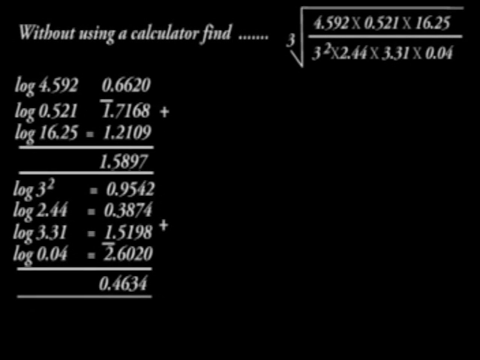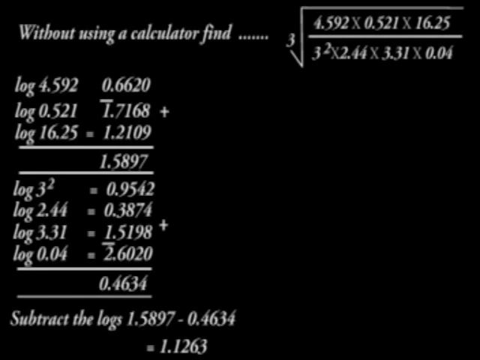Since we are dividing the numerator by the denominator, we subtract the logarithm of the denominator from that of the numerator. That is 1.5897 minus 0.4634, giving us 1.1263.